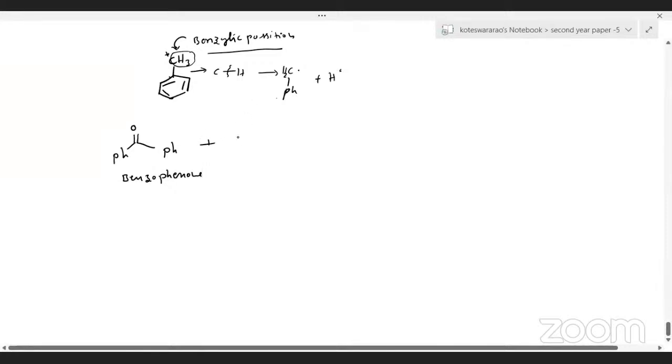Whenever this benzophenone is irradiated in the presence of toluene, that is the toluene-mediated reaction, in photochemical conditions it leads to the formation of benzopinacol.